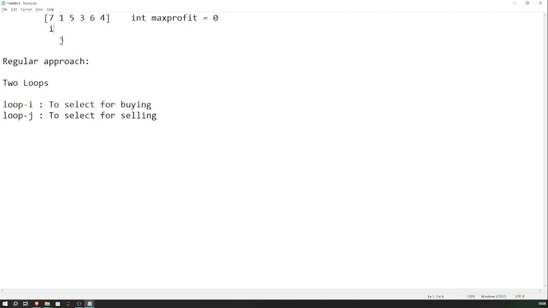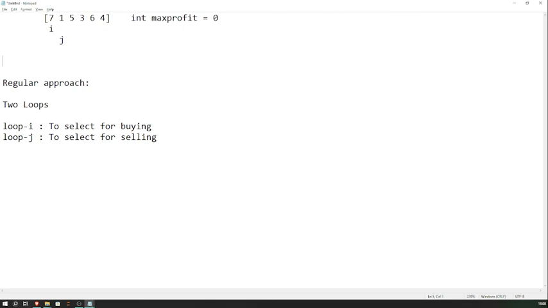So profit will be what? Profit is equal to arr of j minus arr of i. Why? Because we are selling on this and buying on this. So selling minus buying is equal to profit.